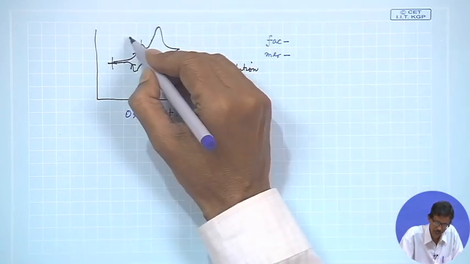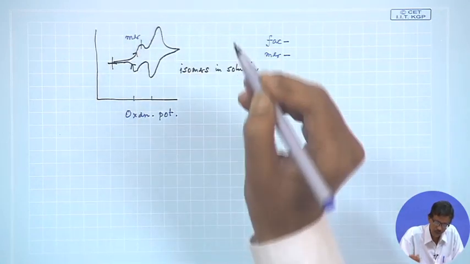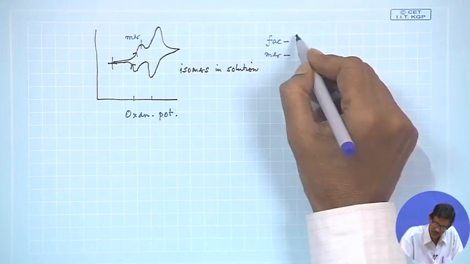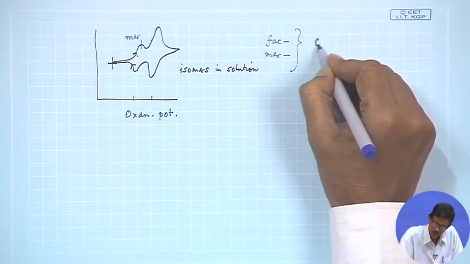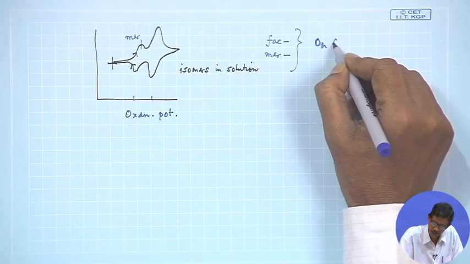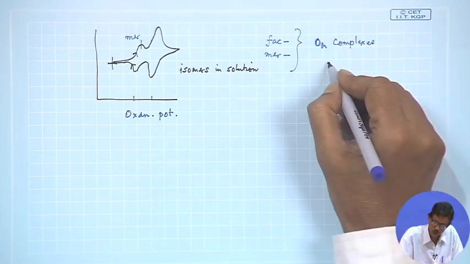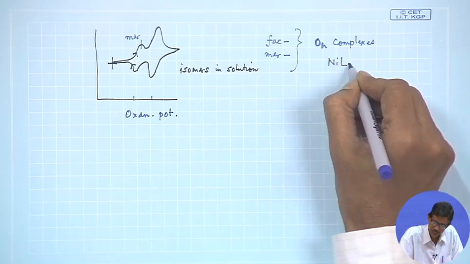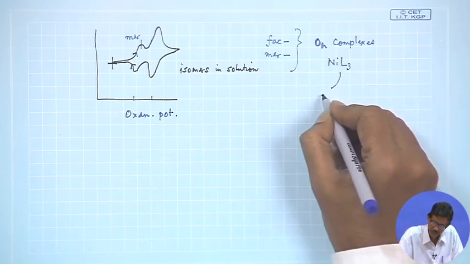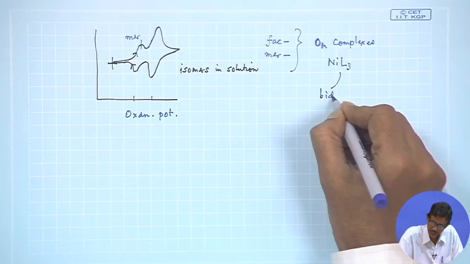In a medium these are all octahedral complexes, because we get these two isomers in some NiL3 type of complexes, where L is a bidentate ligand.